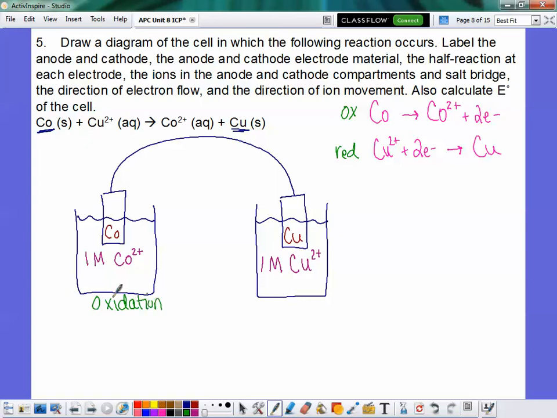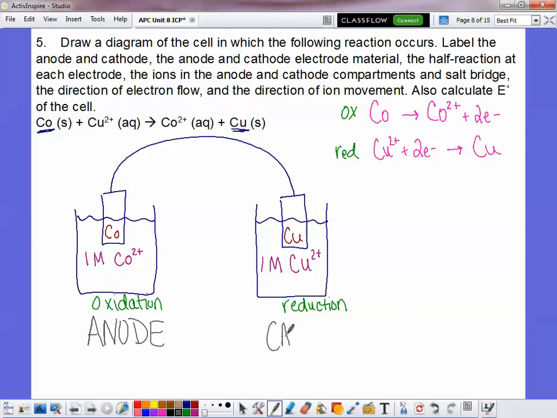At the copper electrode, we have reduction occurring. The electrode where oxidation is occurring is called the anode. And the electrode where reduction is occurring is called the cathode.